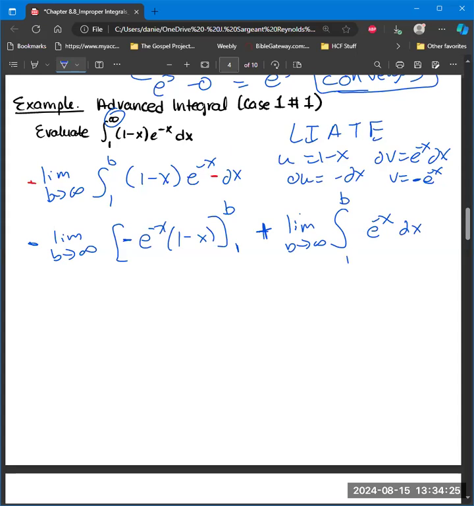So we can pull this negative out here now, and they will undo one another. So that's going to be limit as b goes to infinity of e to the negative b times 1 minus b, minus e to the negative first times 1 minus 1.